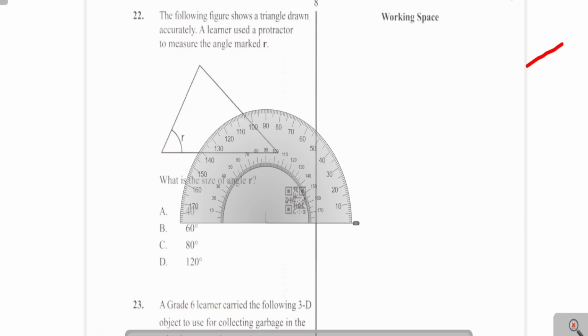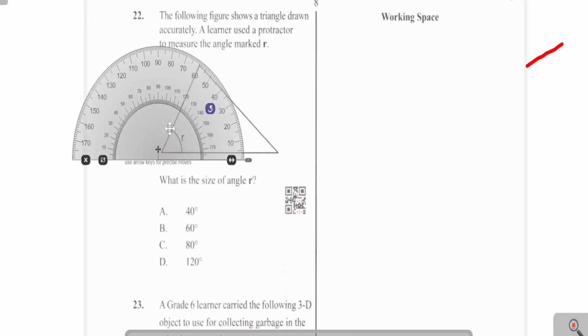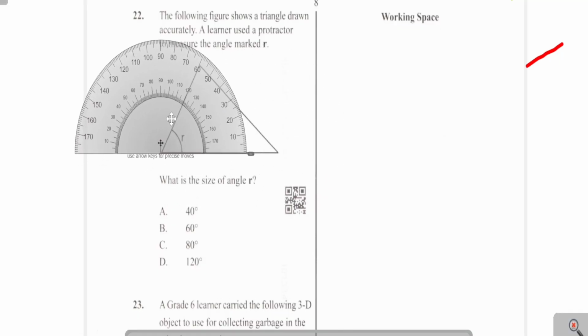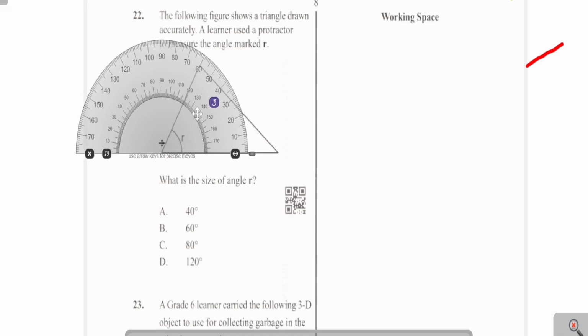We have a protractor now, which we can use to calculate the angle which is here. So you put the protractor quite nicely there. Let me just put it very precisely. So let's just assume it to be there. Now let's find out the angle.